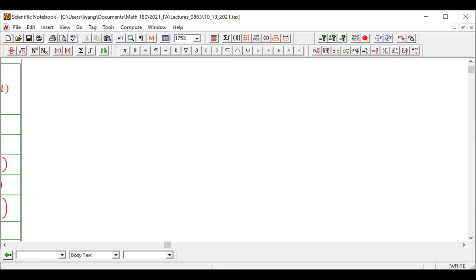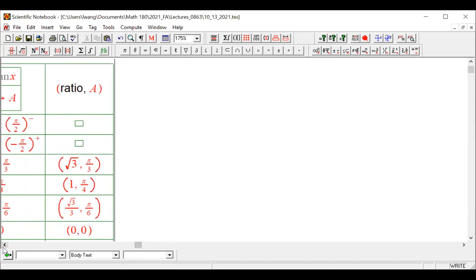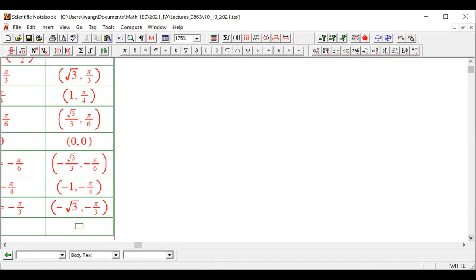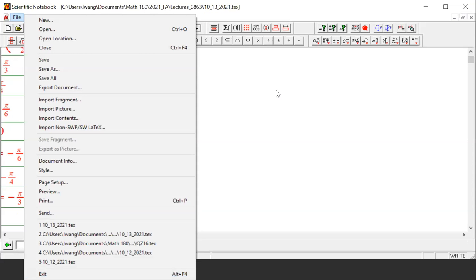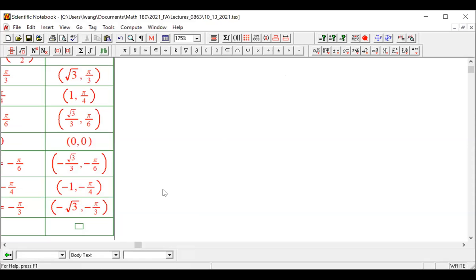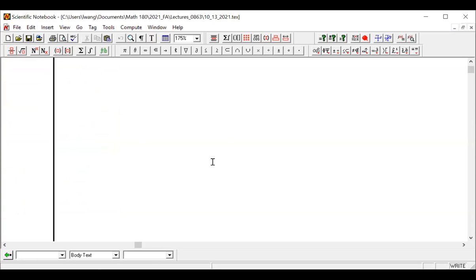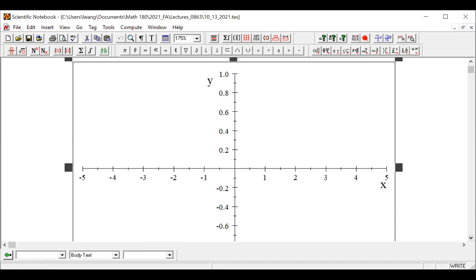To plot the points, you just have to swap all these points. What I'm going to show you is that I'm going to set up a rectangular system and graph.